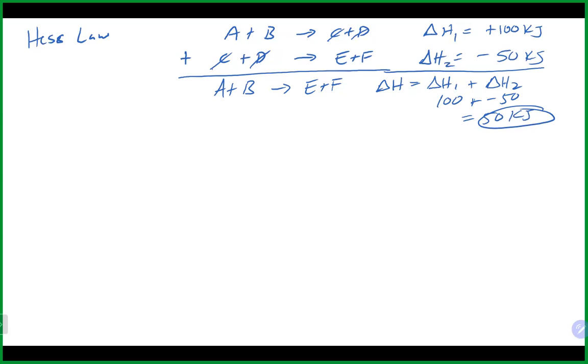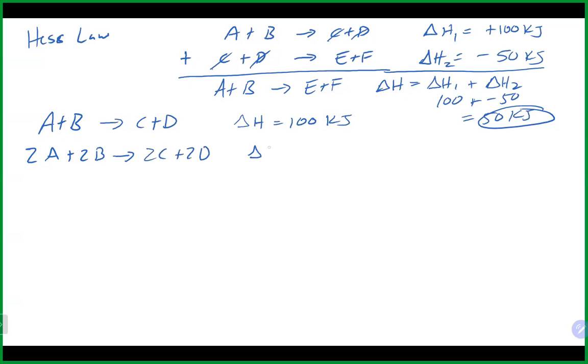Remember, though, if we need to do something to one of these reactions, which you commonly do need to do, you do have to change the delta H value. So what happens if we needed two of maybe A? We would have to multiply that entire equation by 2.